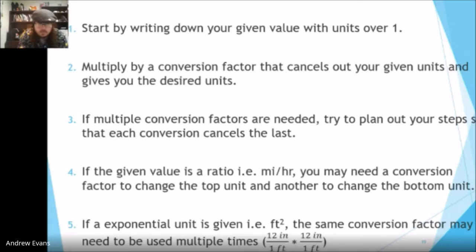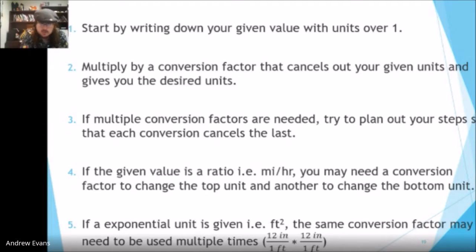Like if I have yards, I go yards to feet, feet to inches, inches to centimeters. If I have miles, I don't need to go to yards. I could go miles to feet, feet to inches, inches to centimeters. I don't need to go miles to feet to yards and back and then go, oh, I don't know what the next step is. So I try to plan it out so each one cancels the last and gets me closer to my goal.